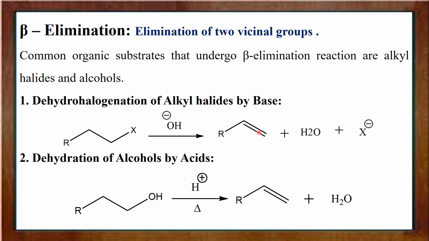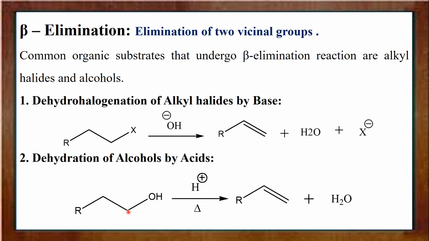The detailed mechanism of beta eliminations we will be discussing later. Here I have given another example of beta elimination, that is dehydration of alcohols. When an alcohol is treated with a strong acid like concentrated sulfuric acid or concentrated orthophosphoric acid, the OH group will get protonated and become a good leaving group, and it will be removed as a water molecule, resulting in the formation of a carbocation.